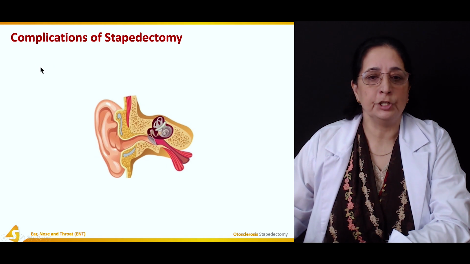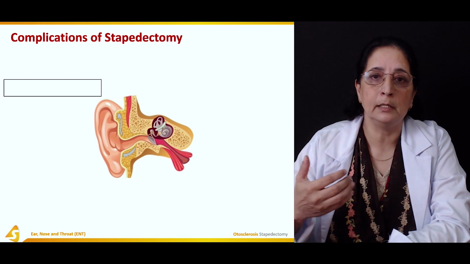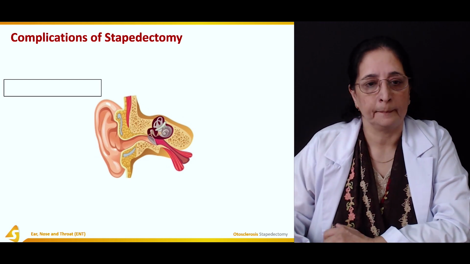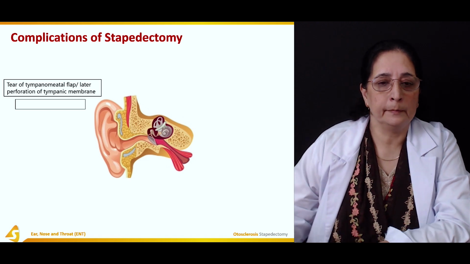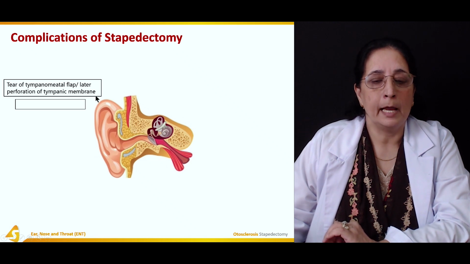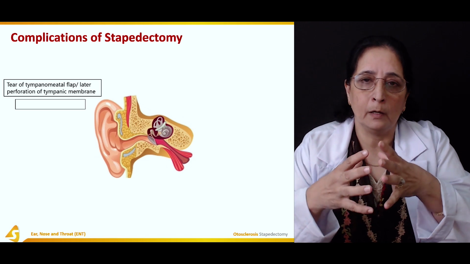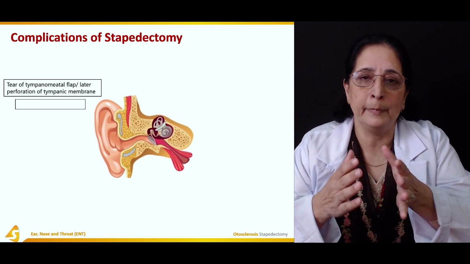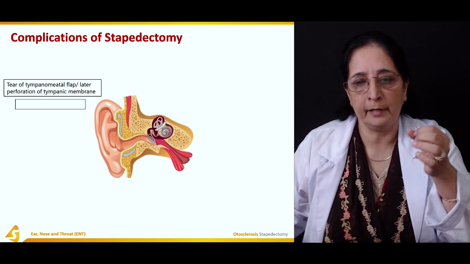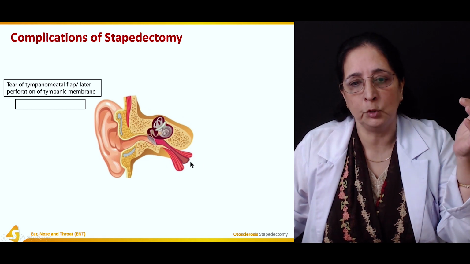The complications of stapedectomy. Once the stapes is removed, what are the complications that can affect the patient? There is a tear of the tympanomeatal flap and perforation of the tympanic membrane. Make sure you know that the middle ear, inner ear, and tympanic membrane are very closely connected to one another.